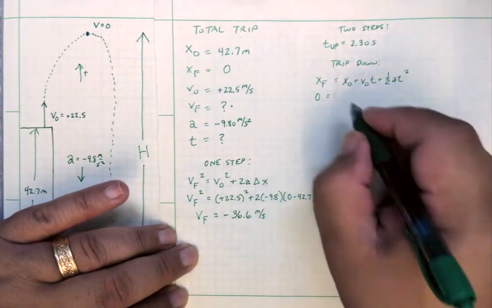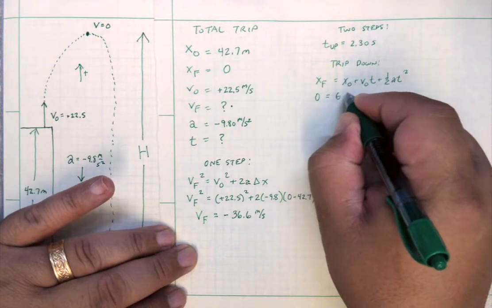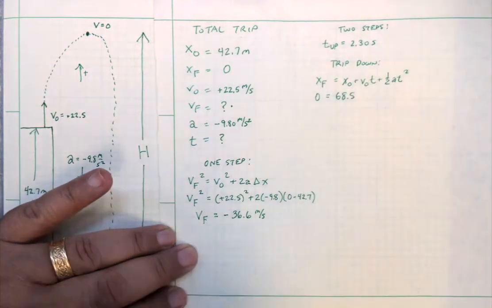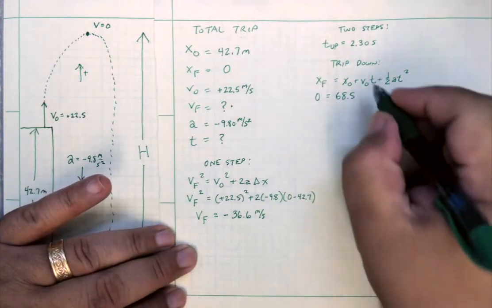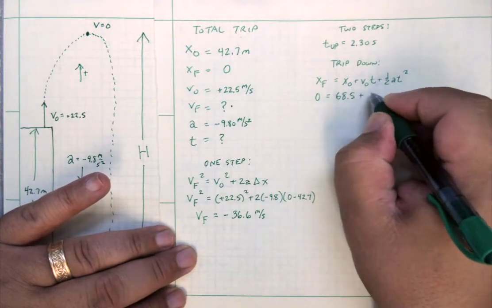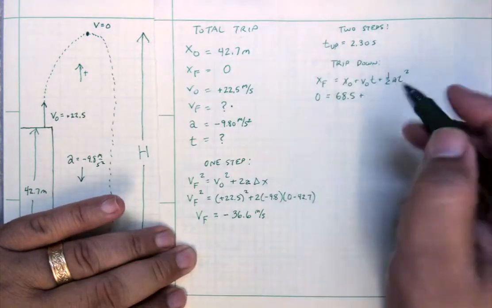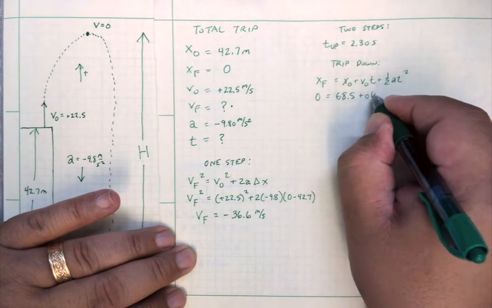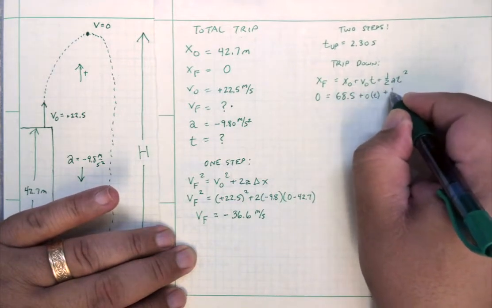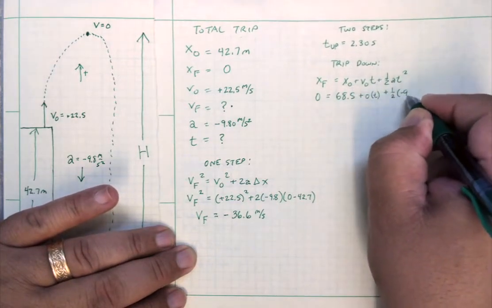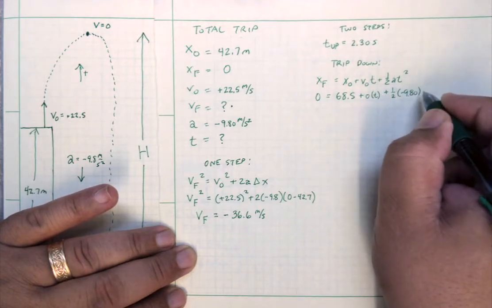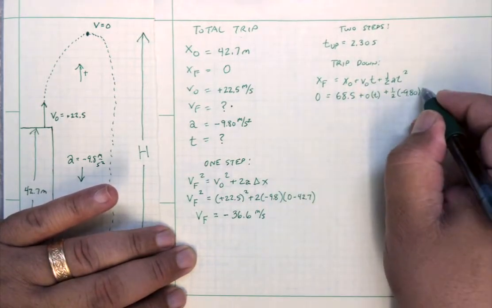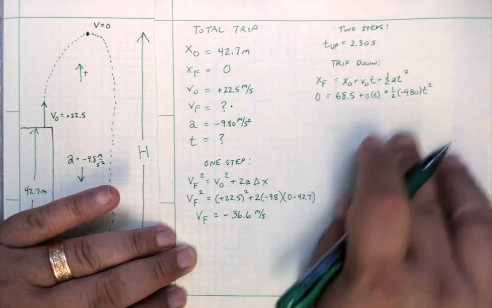The initial position is the height we got before, 68.5 meters. The initial velocity, well, it's the velocity here at the peak, which is 0. And as always, in free fall, the acceleration is negative 9.80.